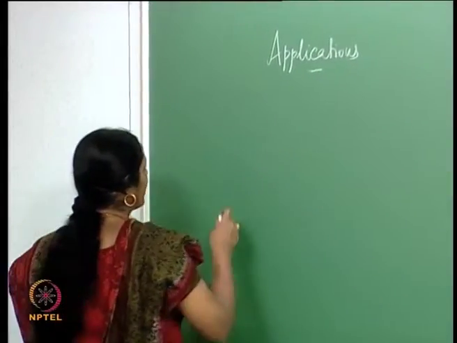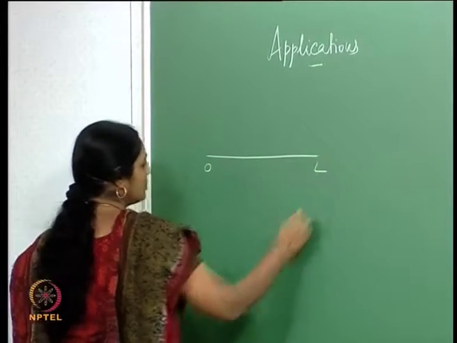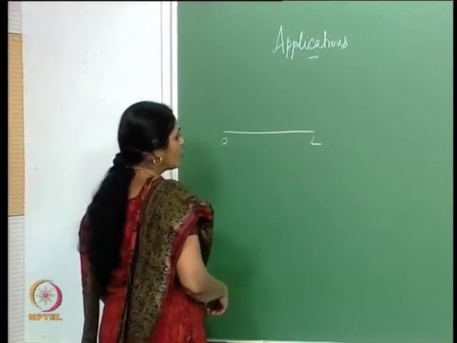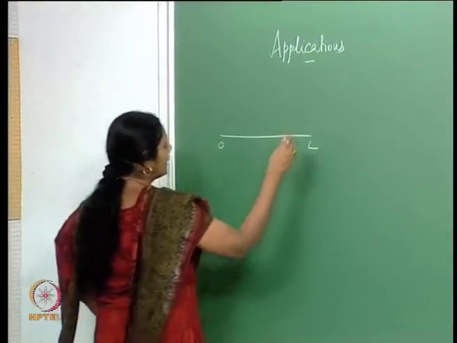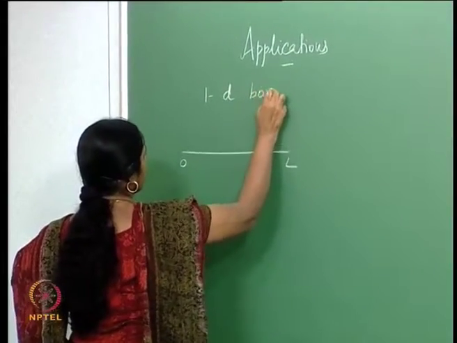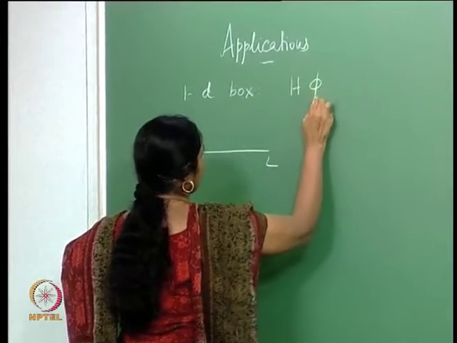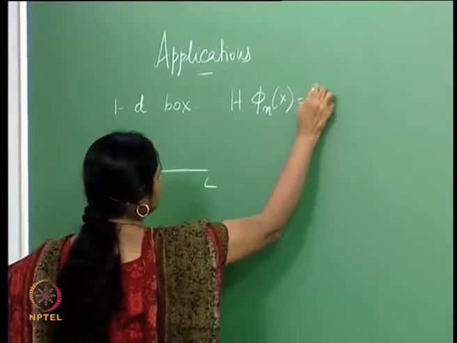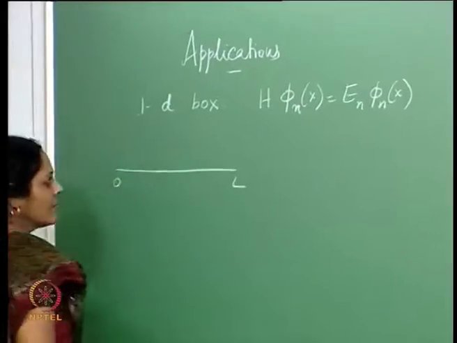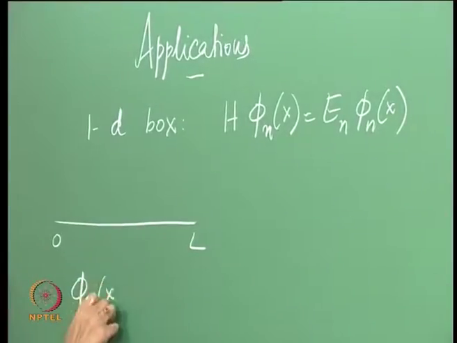So, the first thing I will consider is a one-dimensional box. Size is L, from 0 to L, and the energy eigenstates of this one-dimensional box are given by phi n of x. Since we have already done this problem, you know what the phi n's are.